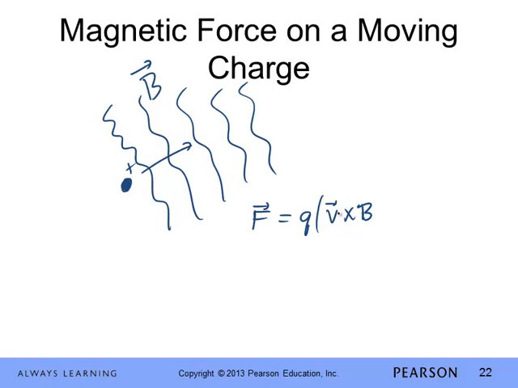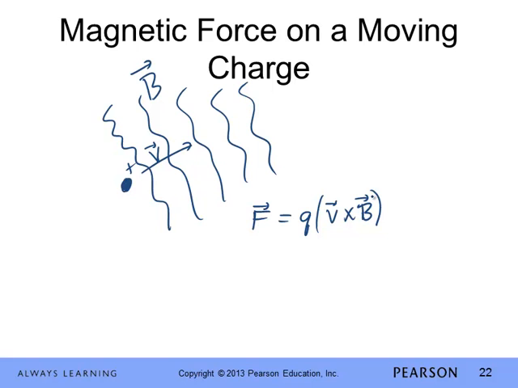Now, V is the velocity of your particle. Remember, velocity is a vector valued function with the magnitude of speed, and the direction of the velocity gives the direction of travel at that particular point, wherever you're taking the velocity of.